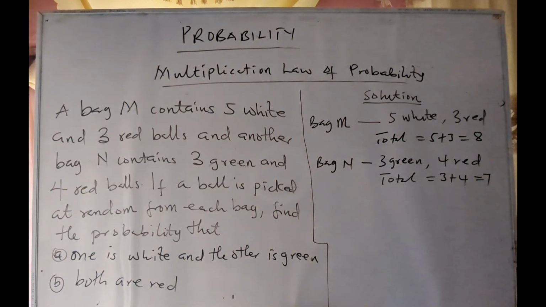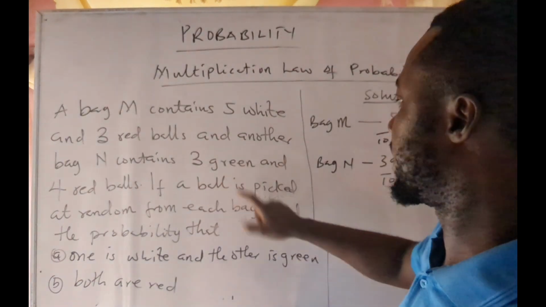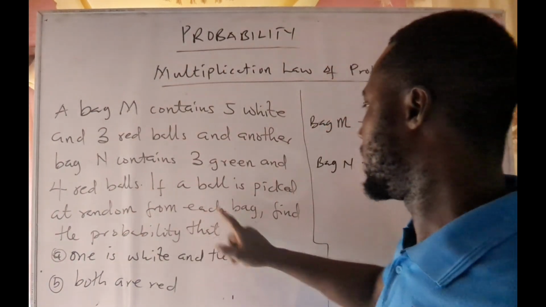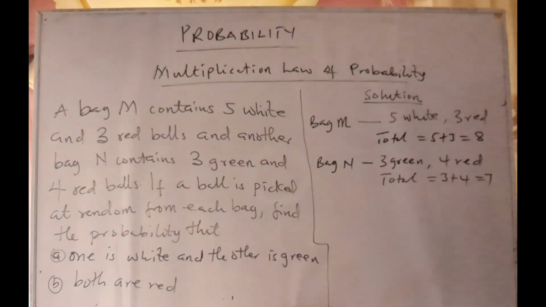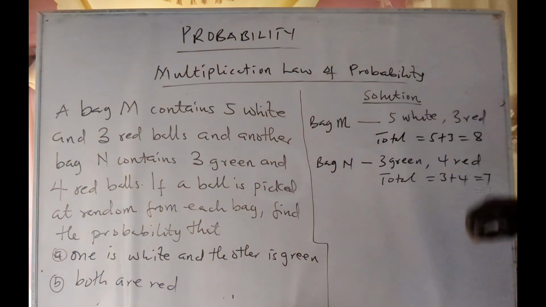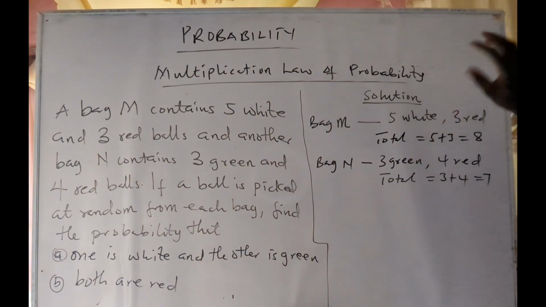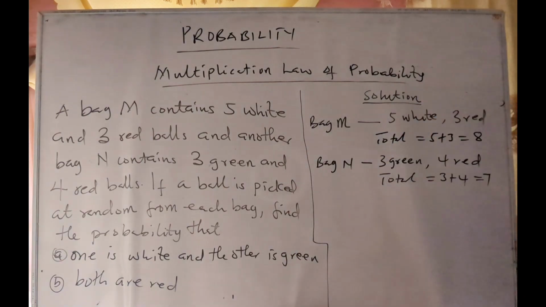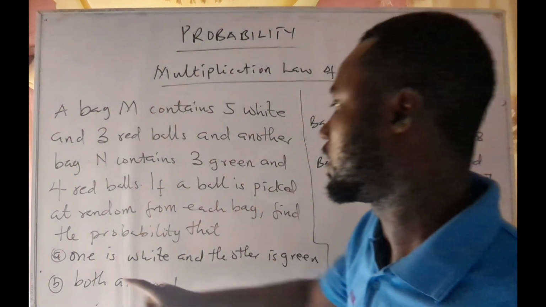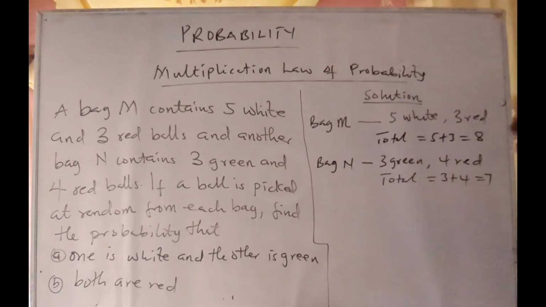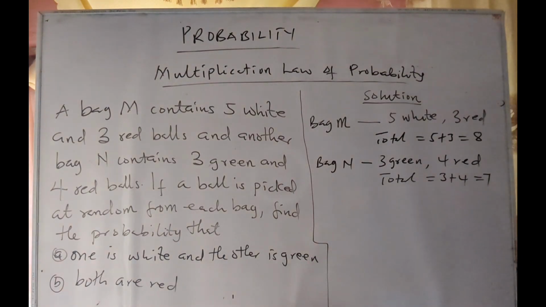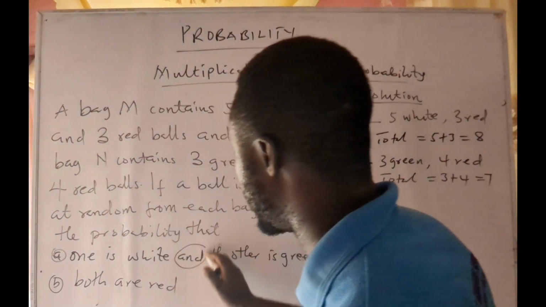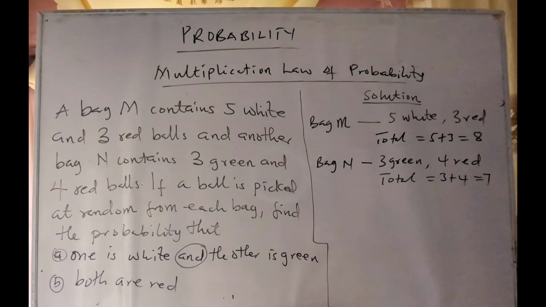If a ball is picked at random from each bag, we pick one from bag M and one from bag N, and we find the probability that one is white and the other is green. You have to take note that you are applying the multiplication law of probability.